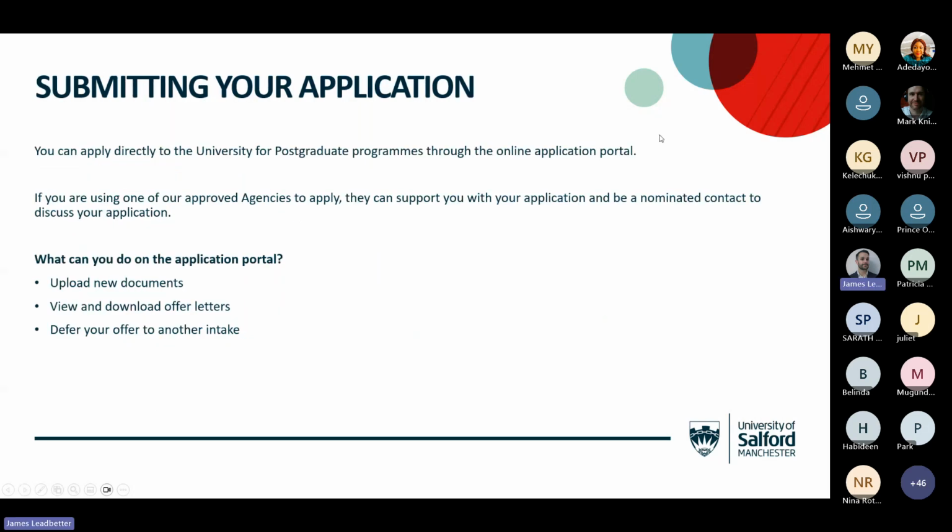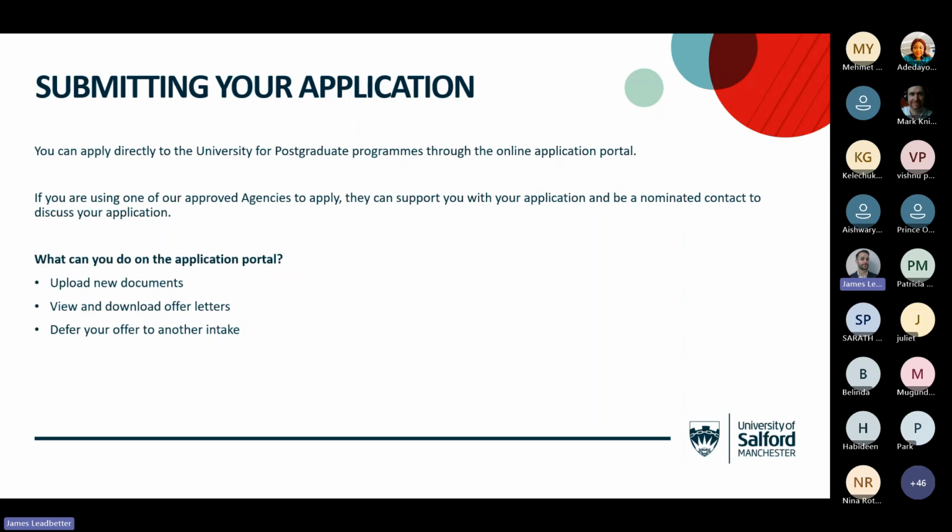Cool. So as I've said, we have an online application. So you can apply directly to the university for postgraduate programs through the online portal. However, a lot of students will make use of one of our approved agencies to apply. And our approved agencies can support you with your application and be a nominated contact to liaise with the university on your behalf.